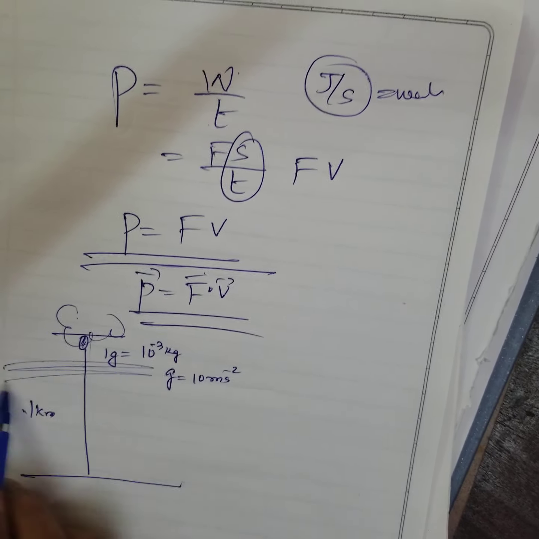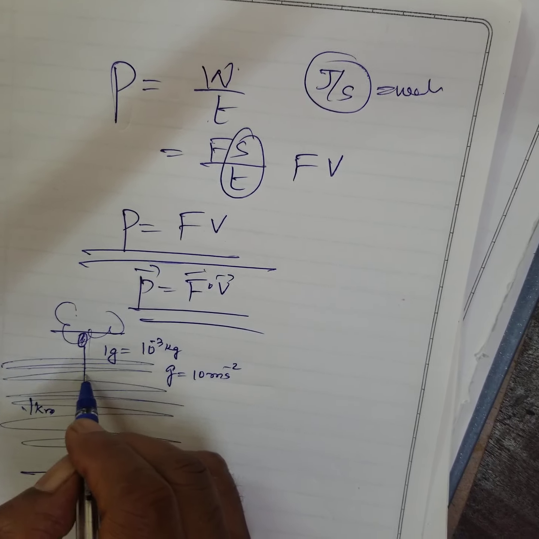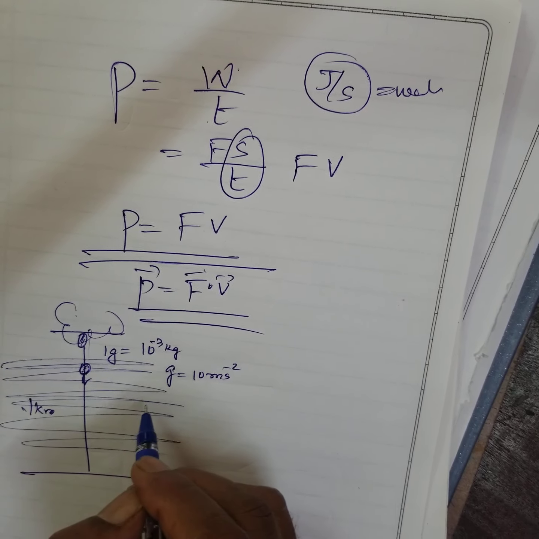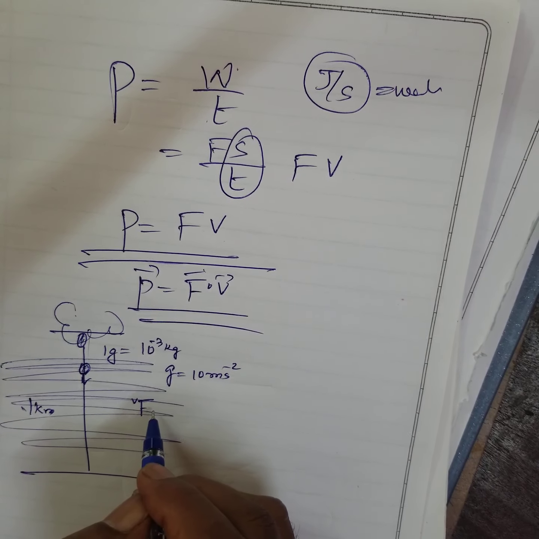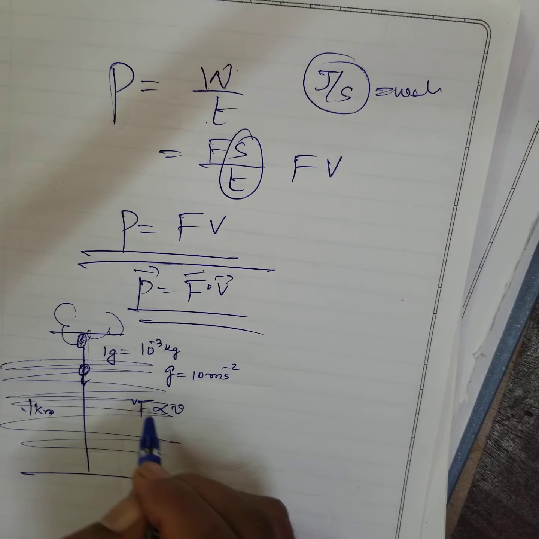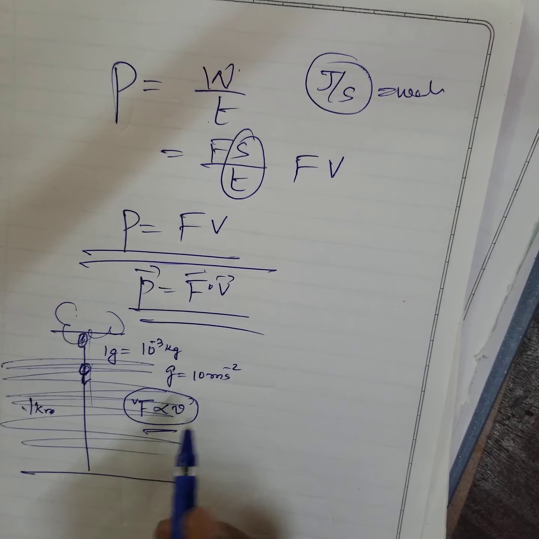See, this is the air medium, and there is a raindrop falling here, so the upward force acting on the drop is directly proportional to the velocity of the drop. Normally, this is also called drag force, or buoyant force.